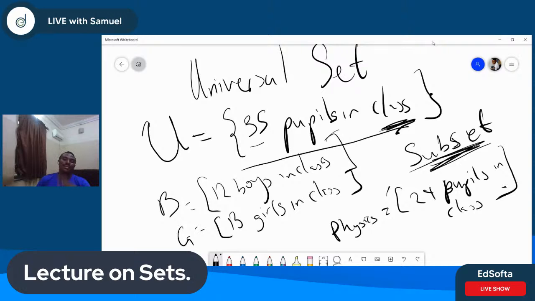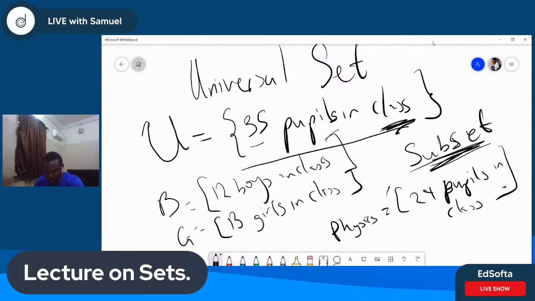With those smaller sets, since everything inside them is also inside the universal set, those sets are called subsets. So we've discussed empty sets or null sets, finite sets, the universal set and also subsets.